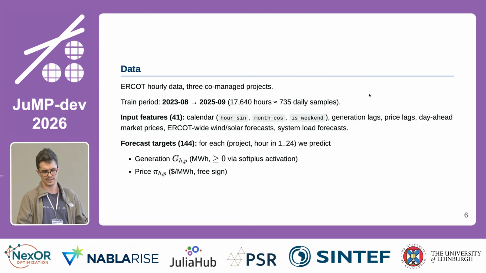The data we are using here is about 2 years of data from ERCOT. A lot of parameters, so the model has some information on how to do this forecast. And as I said, we want to forecast generation and price for each hour and each project. So these are 144 variables being forecasted at each data instance.